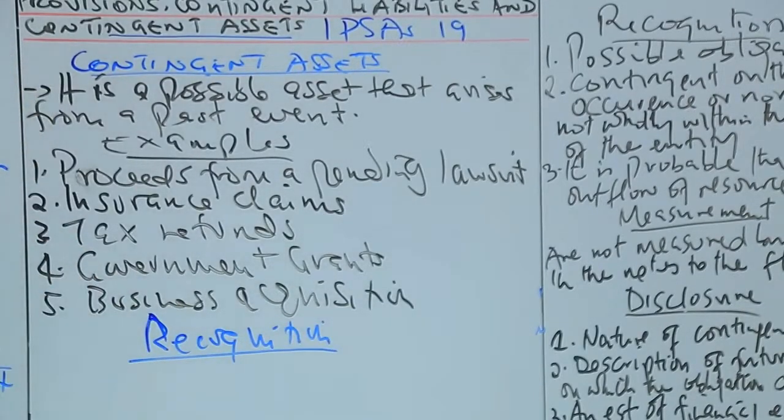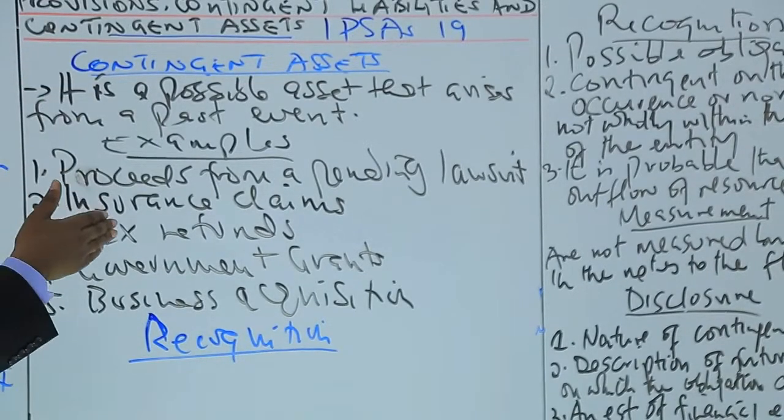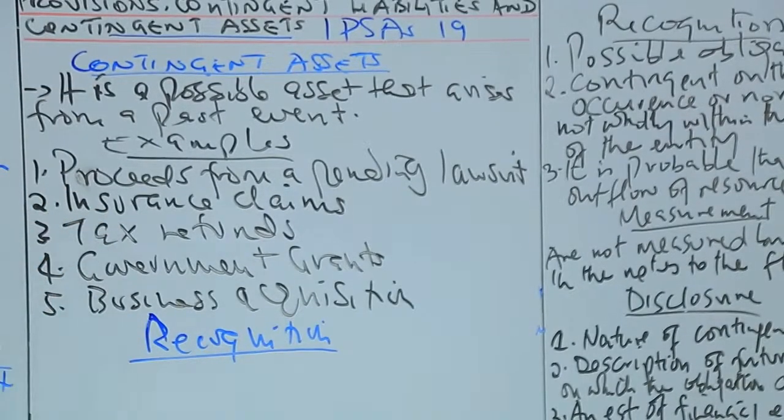Now, a contingent asset is recognized when a certain criteria is met. Just like the contingent liabilities, there is a criteria or what we may refer to as conditions.